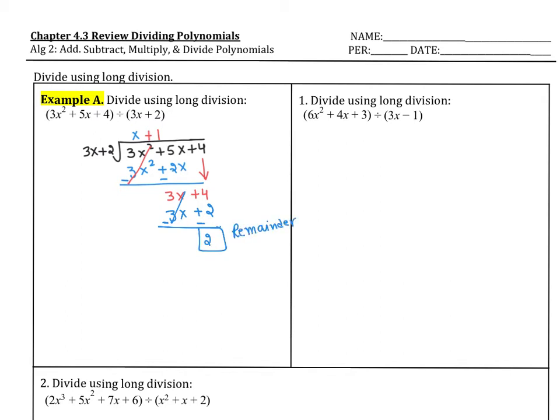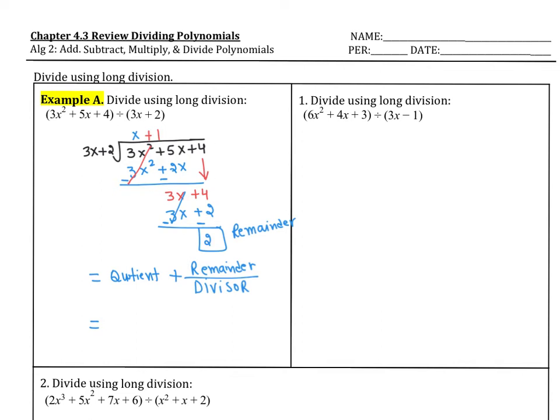Now we are going to use the division algorithm, and if you remember, that was quotient plus remainder over divisor. The quotient is this binomial, x plus 1.